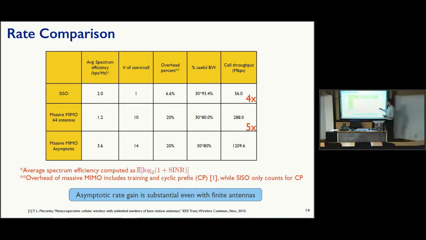Our numerical results show that with 64 antennas, we get about a four times gain in terms of cell throughput. And if we keep increasing the antennas, ultimately we get another five times gain in terms of cell throughput. So this shows that massive MIMO is promising to improve the cell throughput in future networks.